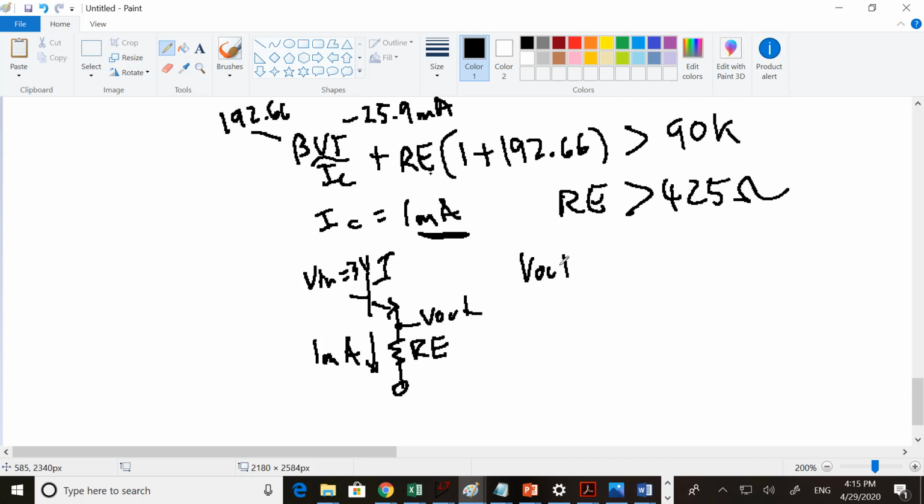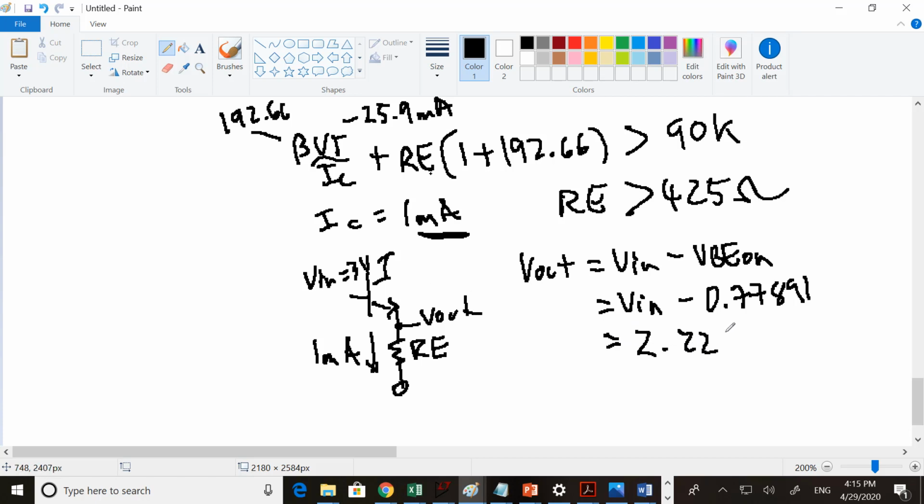So V out is always approximately V in minus VBE on. And you can find VBE on from the model file, and it's 0.77891. And so that gives you, since Vin is 3 volts, 2.22109 volts. So that's the voltage across RE, and you need to get 1 milliamp.